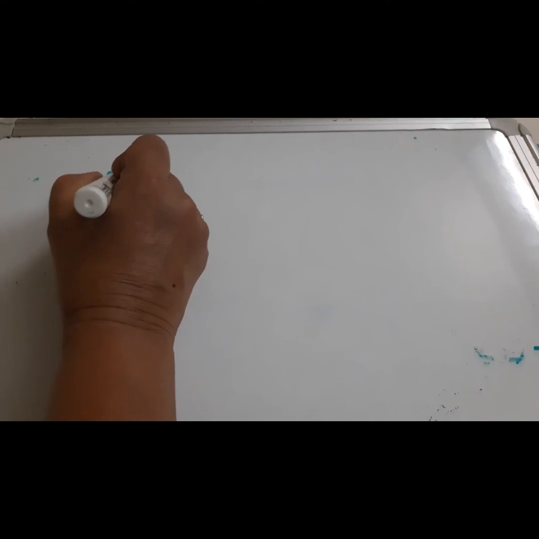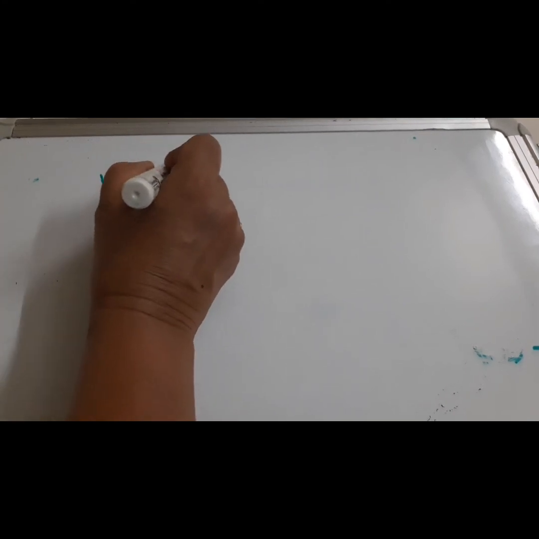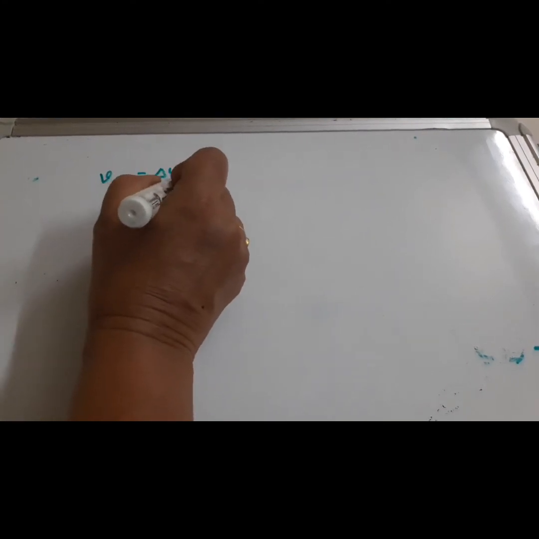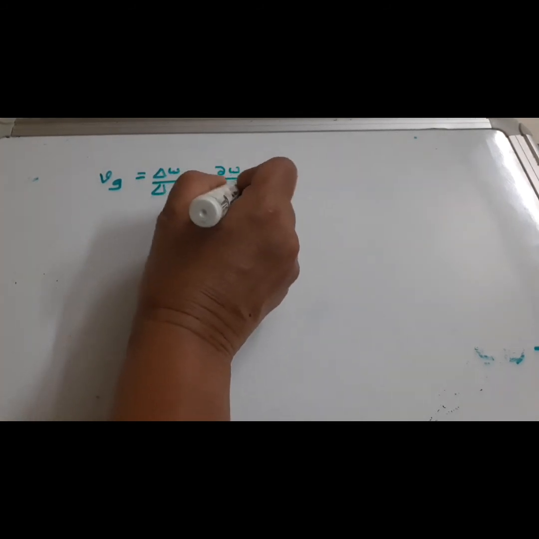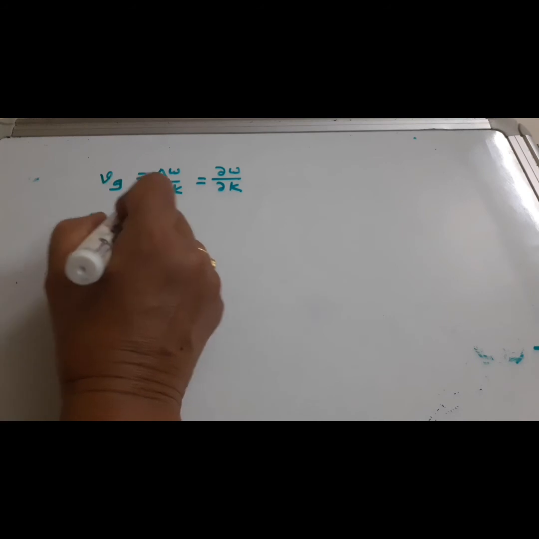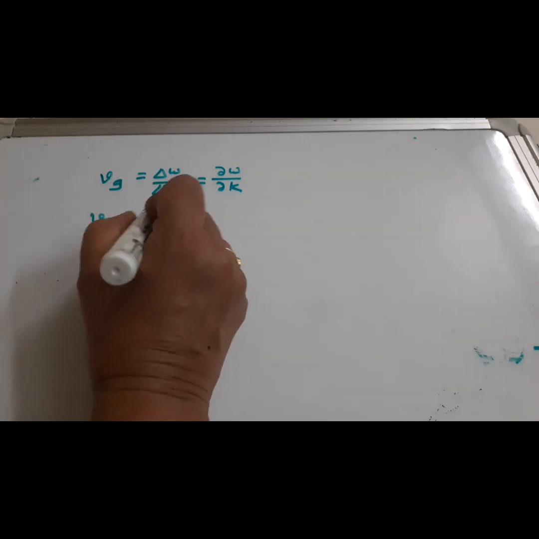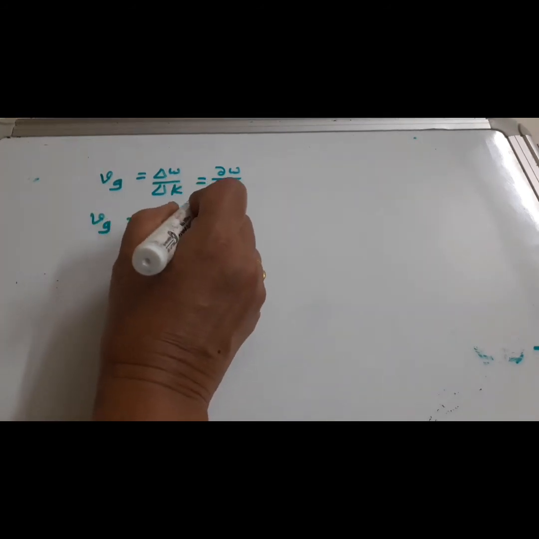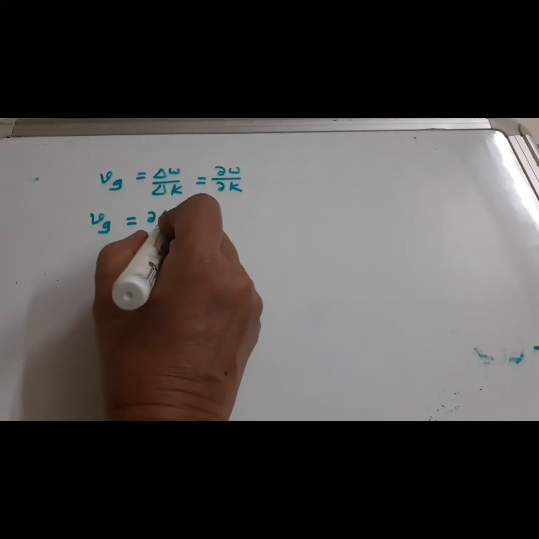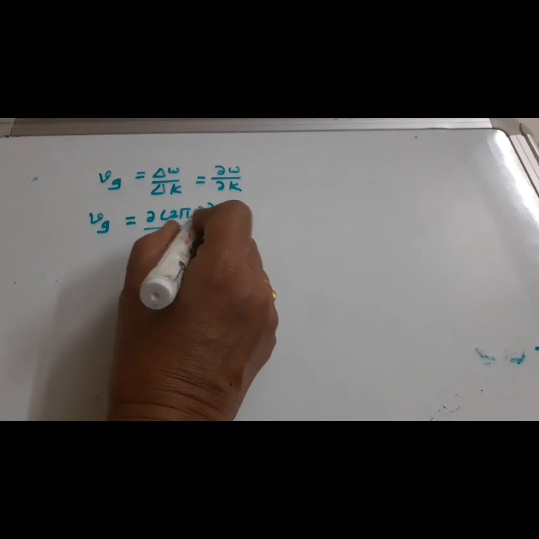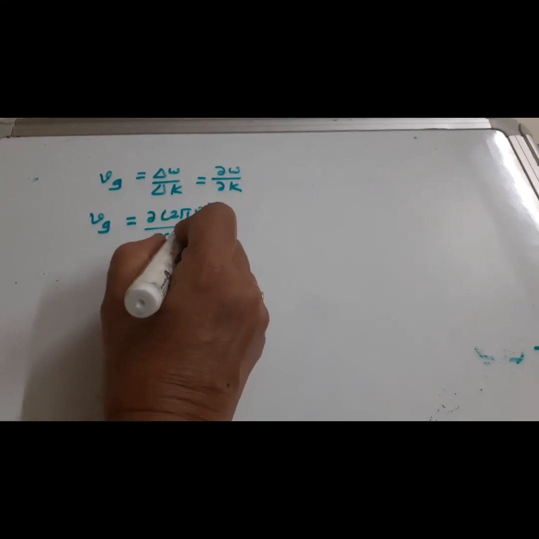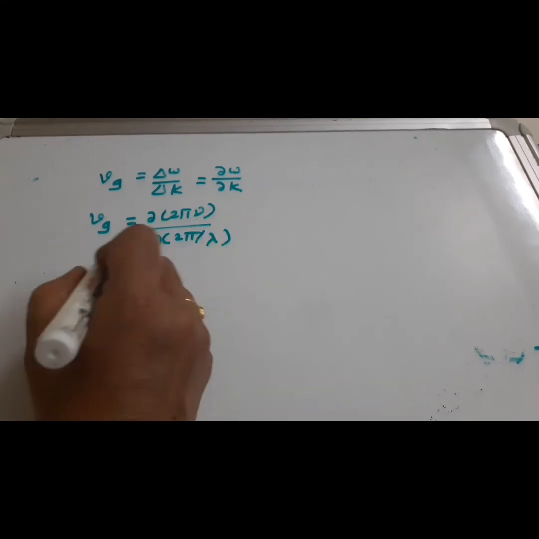But now we also have to write down Vg is equal to delta omega upon delta k, that is equal to d omega by dk. Therefore, Vg is equal to d(2 pi nu) by d(2 pi by lambda).